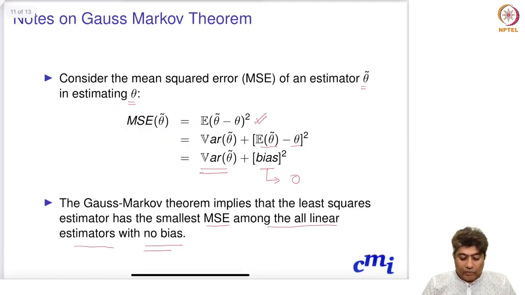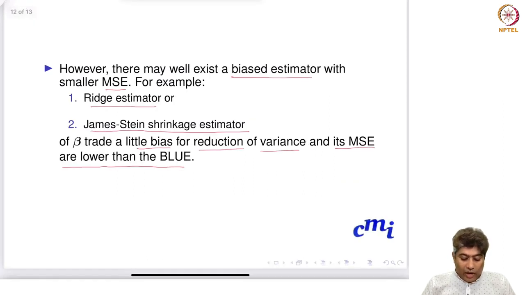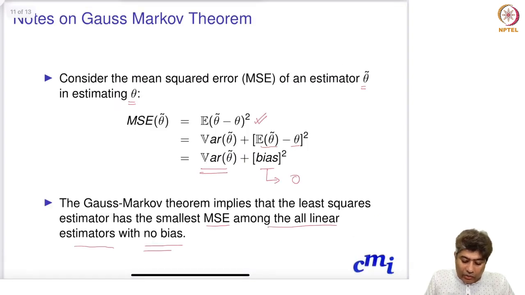Though the Gauss-Markov theorem is a very good, strong theorem, showing that among the class of all linear unbiased estimators it has the minimum mean square error and the minimum variance, with estimators like the Ridge estimator and the James-Stein estimator you can induce a little bit of bias.